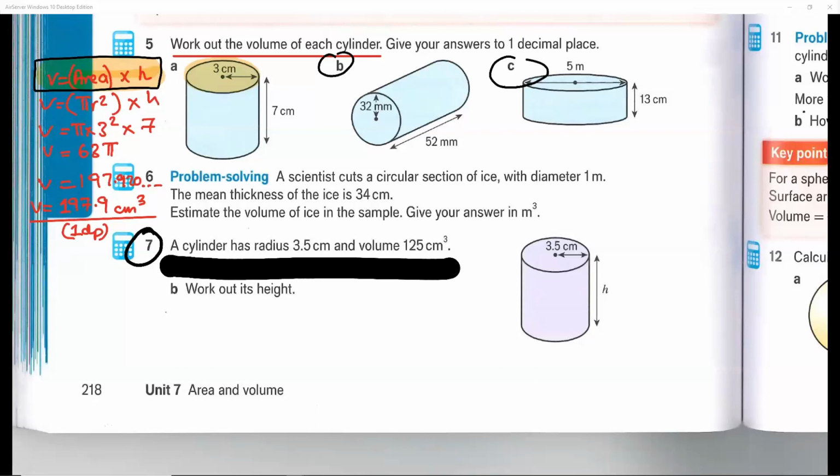Number 5B. What do you get? 166,000. Okay, that's fine, I got the same. 167,283.5. MashaAllah, whoever got that right, give yourself a pat on the back. Well done. Excellent.